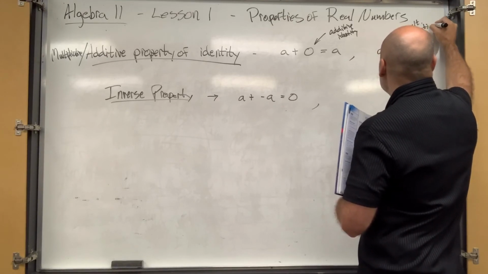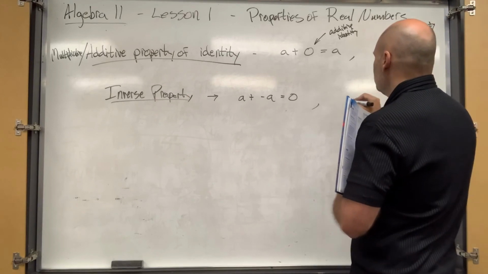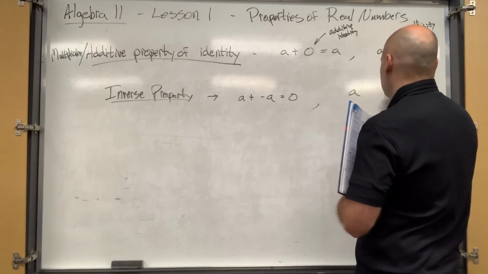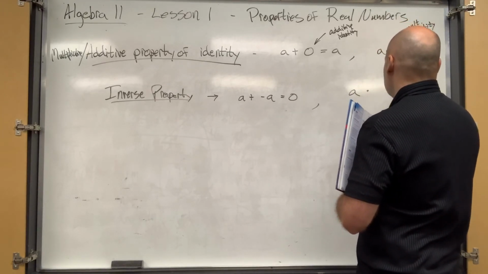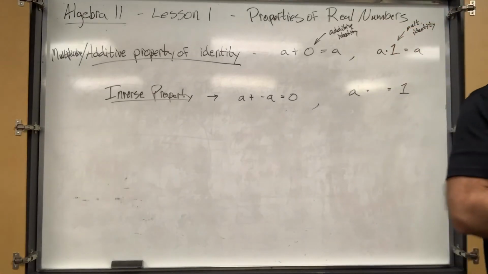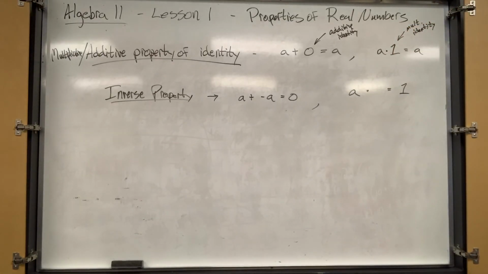So what do you have to multiply by something to get to 1? What do you have to multiply by a number to get 1? Not a negative. 5 times negative 5 is negative 25.